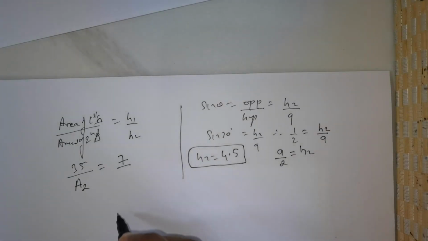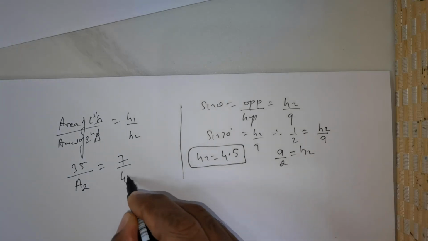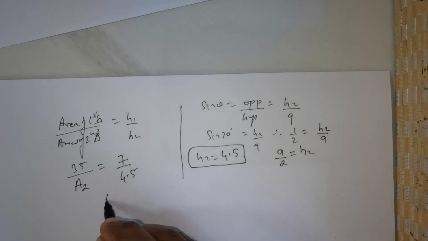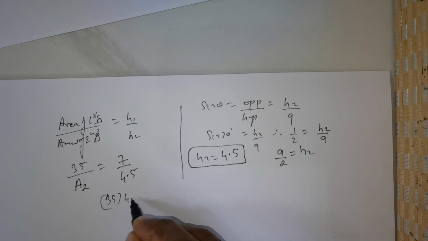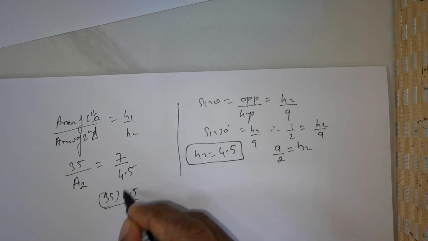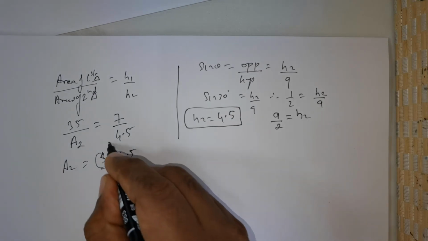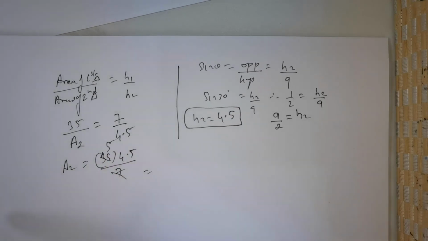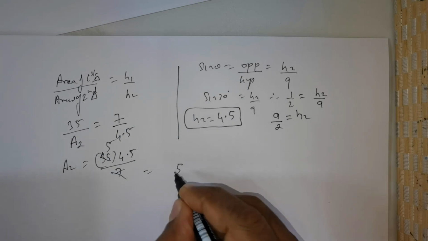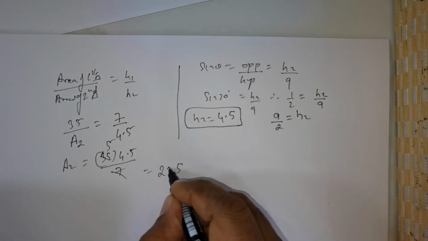And H2 is 4.5. So you get 35 times 4.5 divided by 7 is equal to A2. 7 divides here 5 times.